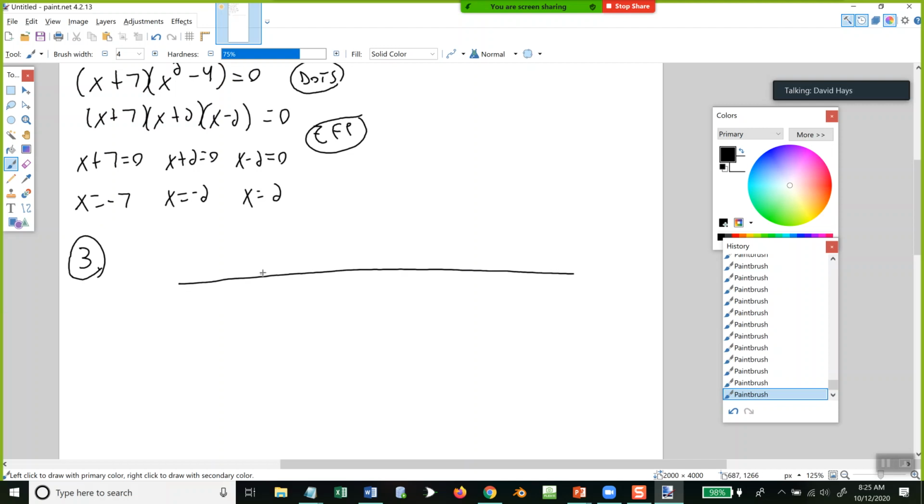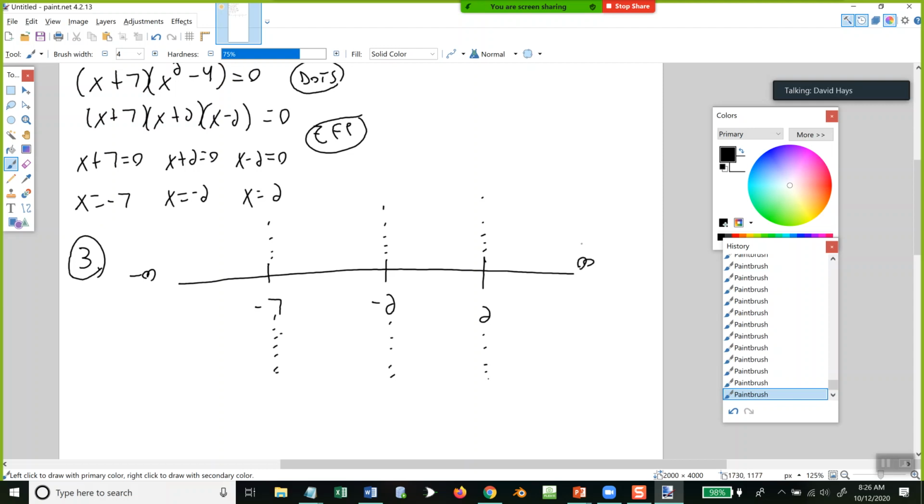So our smallest value is negative 7. Next one is negative 2, and next one's a positive 2. Remember, these split them up into intervals. Clear over here's negative infinity, clear over here's positive infinity.